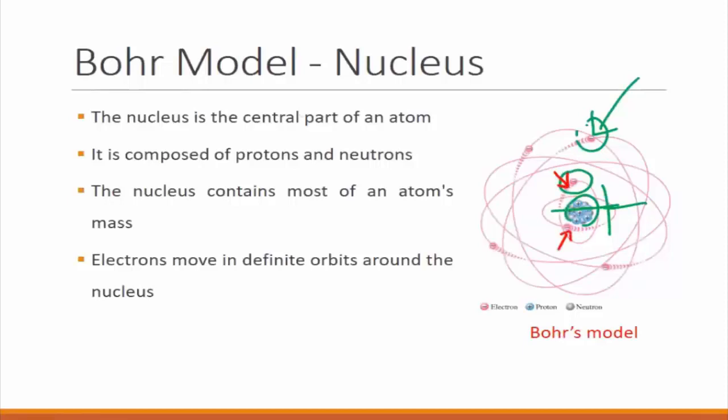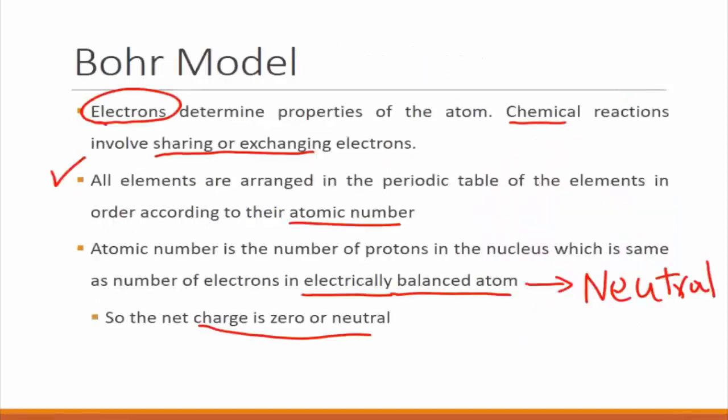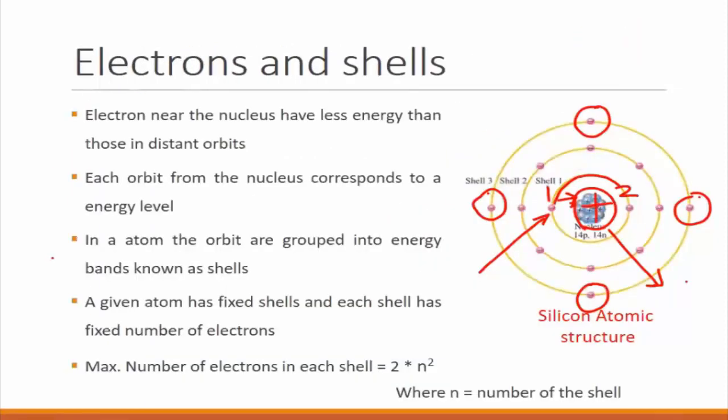So instead of drawing lots and lots of orbits, it is minimized, and we just draw one circle with 2 electrons on it. It's more convenient for drawing. Otherwise, you're going to have 14 times 2, that's 28 circles, or 14 circles for that matter.